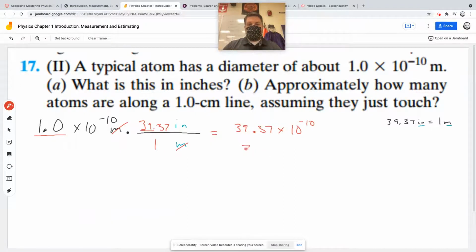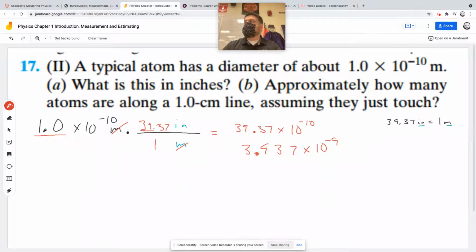Now that could be rewritten as 3.937 times 10 to the negative 9, right? Because this really isn't scientific notation until this first term has to be between 1 and 10, right? Actually 1 and 9 I think is what the textbook would say.